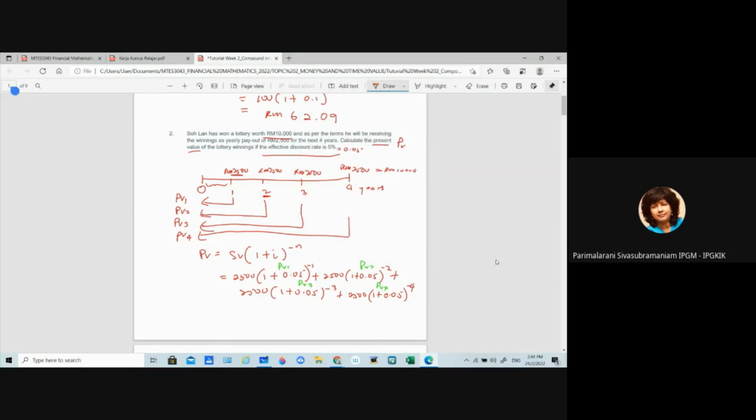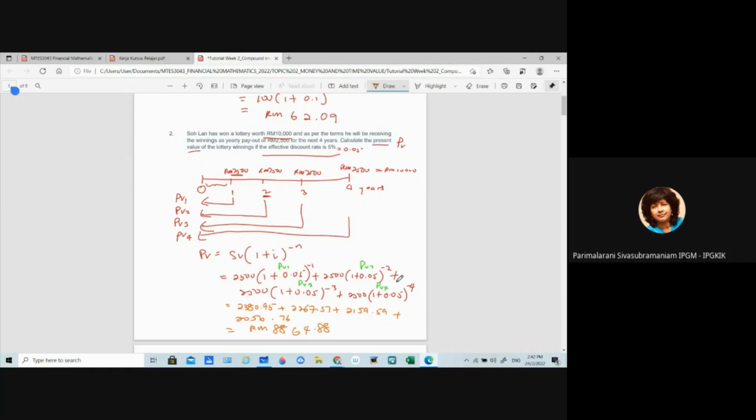Okay, so when you calculate this, you will get 2080.95 plus 2267.57 plus 2159.76. Add it all up together, you will get 8,864 ringgit and 88 cents.